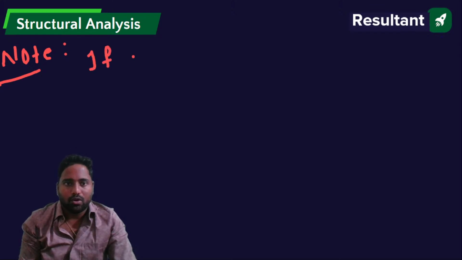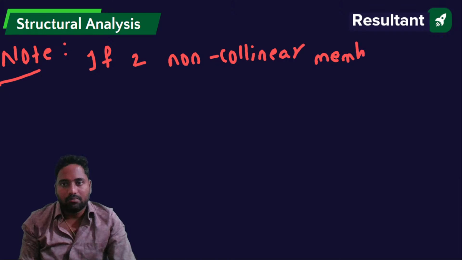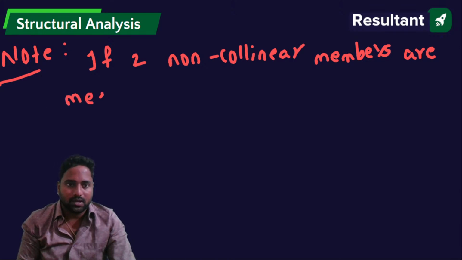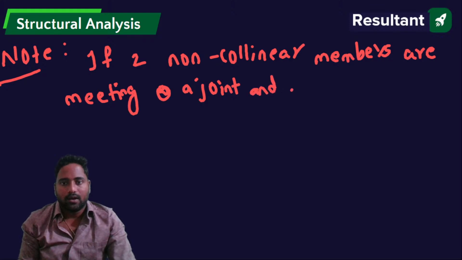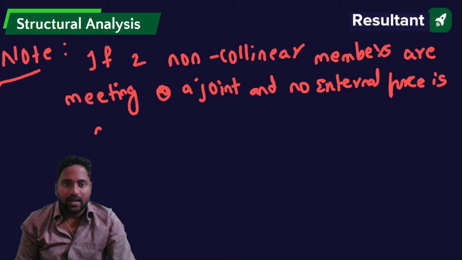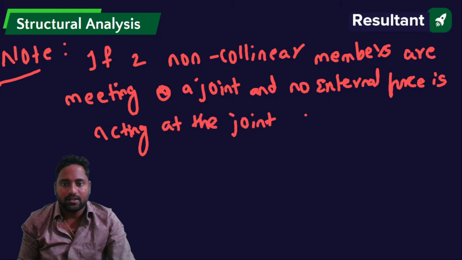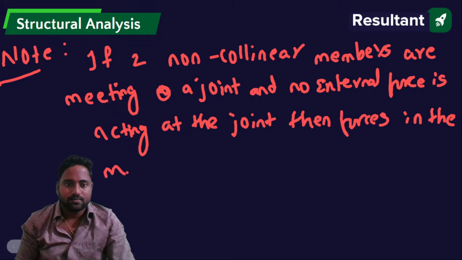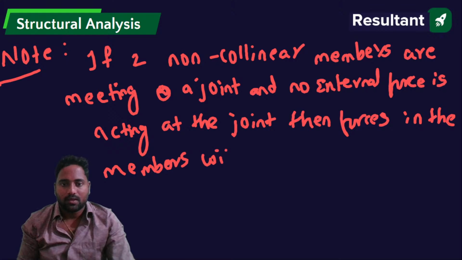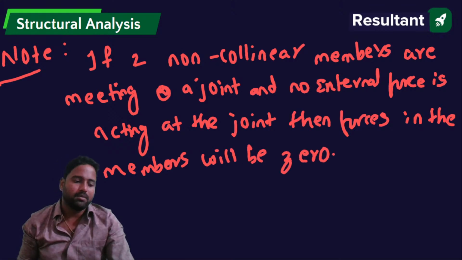If two non-collinear members are meeting at a joint and no external force is acting at the joint, then forces in the members will be 0.